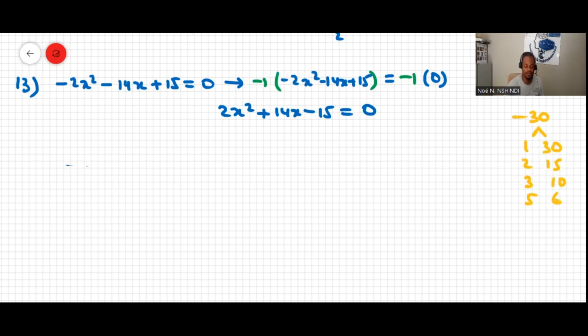Now we ask ourselves, how can we get a sum which will be equal to 14 here? If we look at the list, can we get 14? We can make 13, we can make 11. So we can't make 14. Therefore, this is not factorizable.